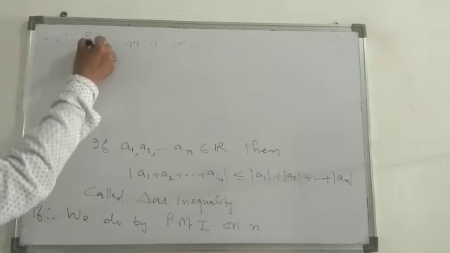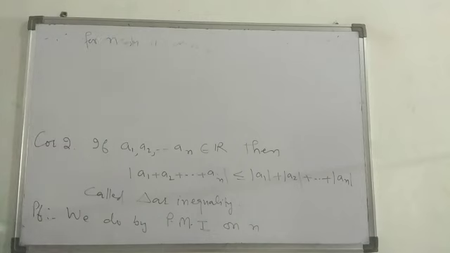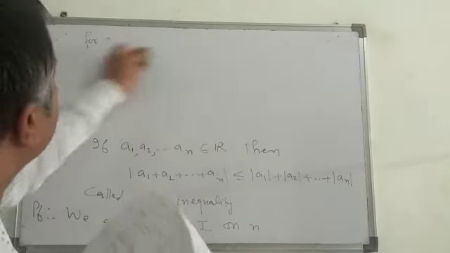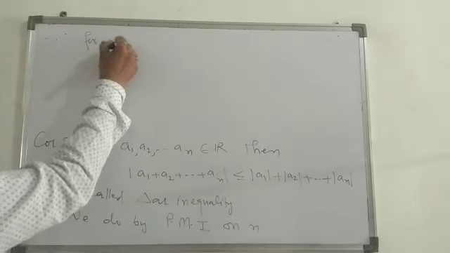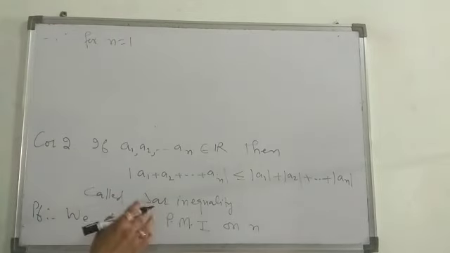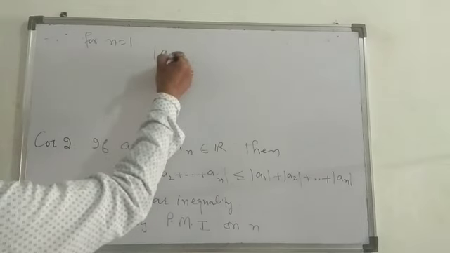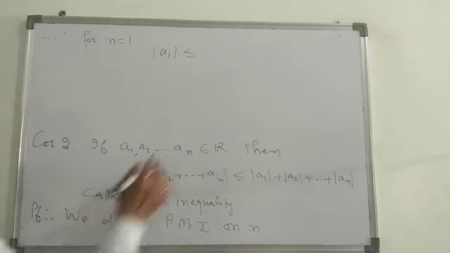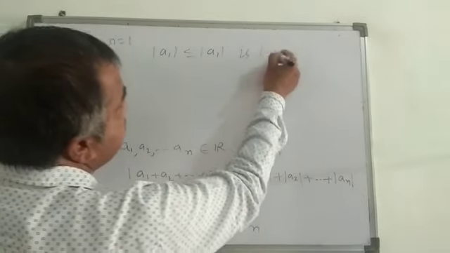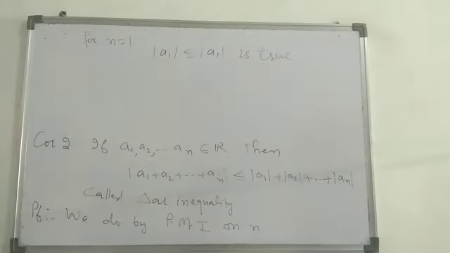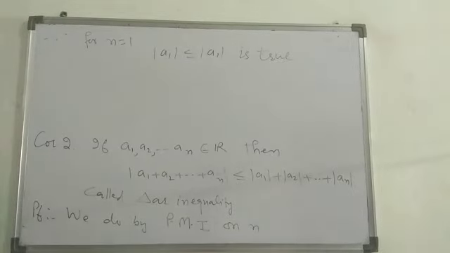So for n equal to 1, |a1| is less than or equal to |a1|, which is true. So the result is true for n equal to 1.